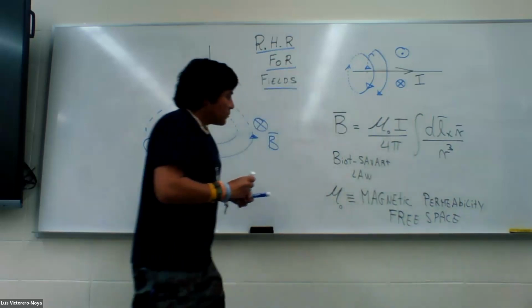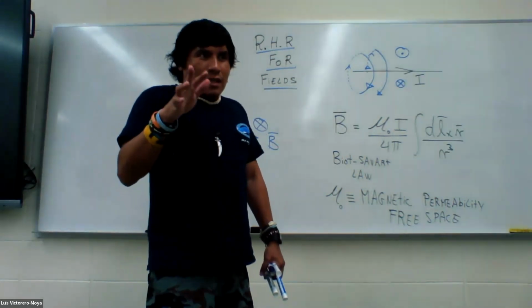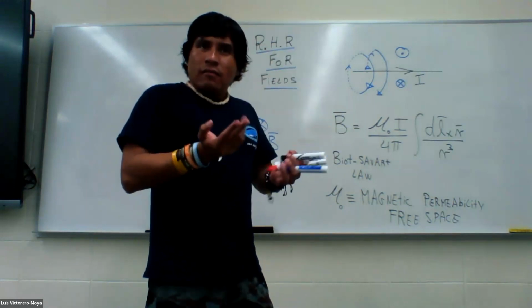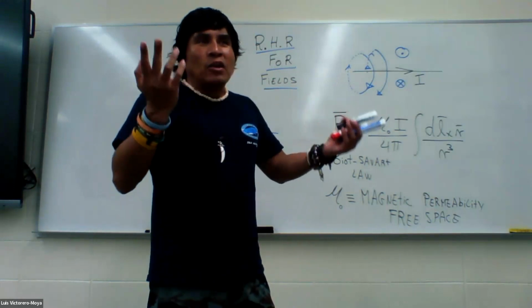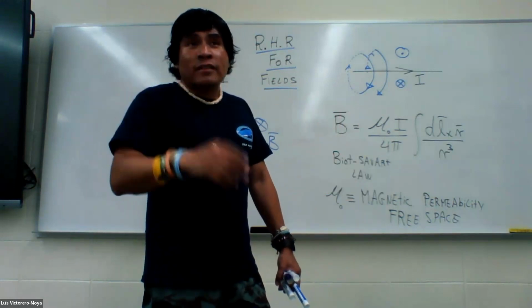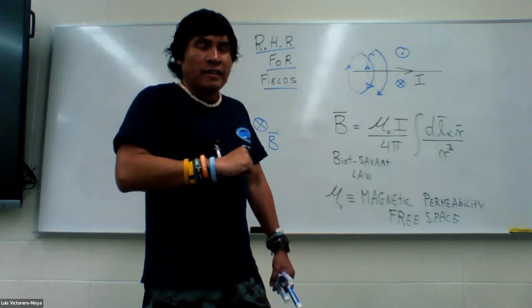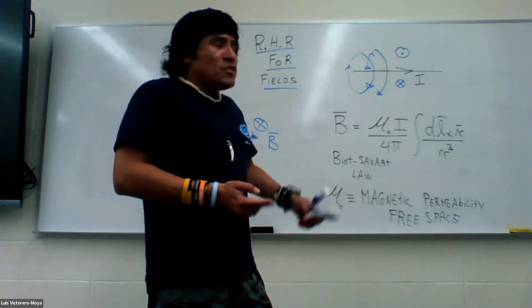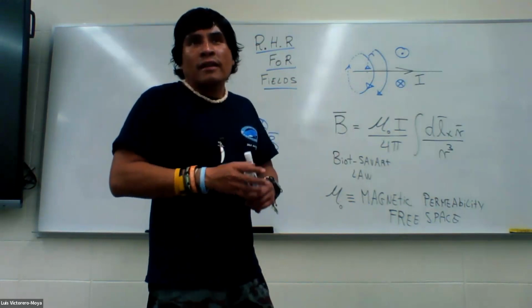What does that mean? It tells you how good is the environment, vacuum, air, or any other environment, a conductor, for example, or an insulator, or a paramagnetic, diamagnetic, right? Depending on the type of materials, it tells you how good magnetic fields can flow in that given region.